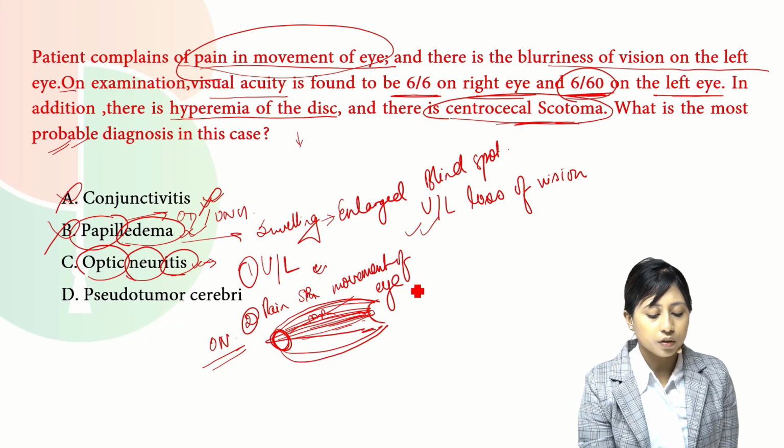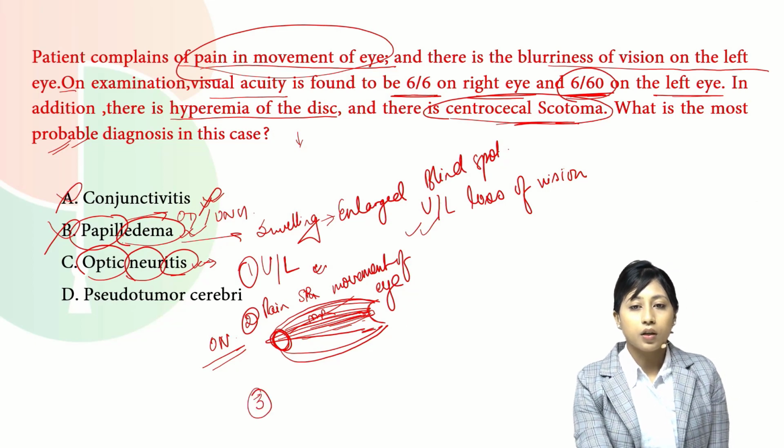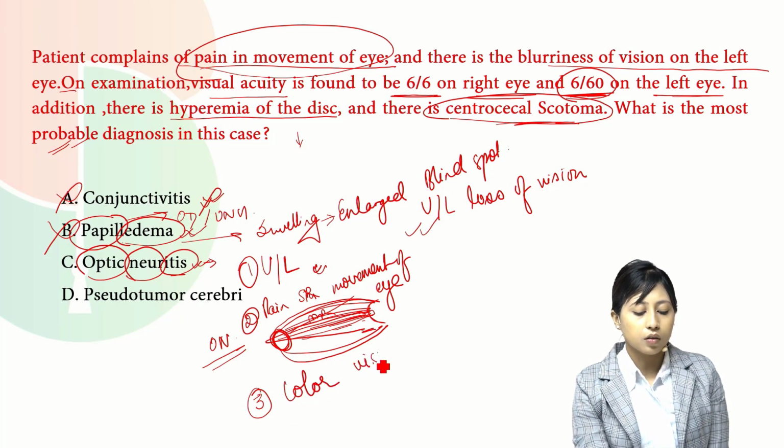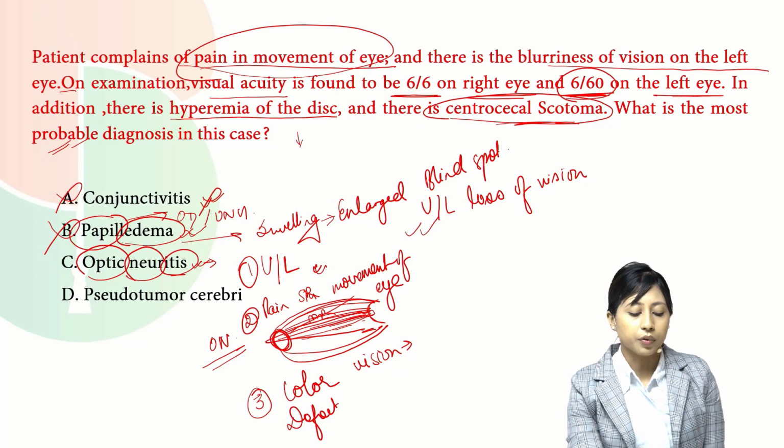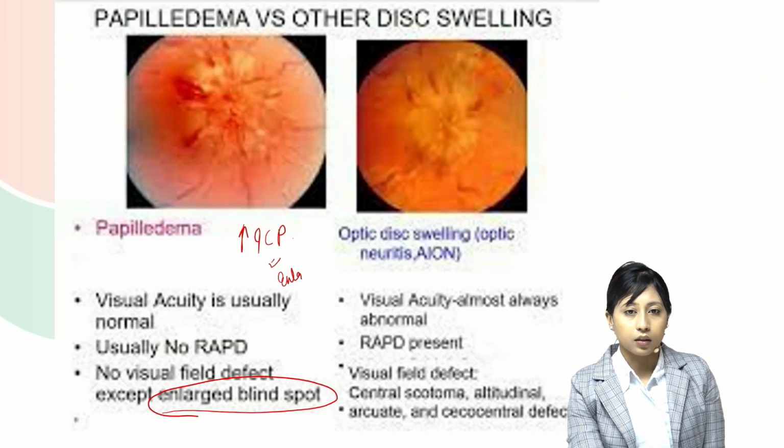Another feature which presents with optic neuritis is color vision defect. Color vision is abnormal, and as we know, the afferent nerve is the optic nerve, so it can present with RAPD. What is RAPD? Relative afferent pupillary defect. And the disc looks like this.